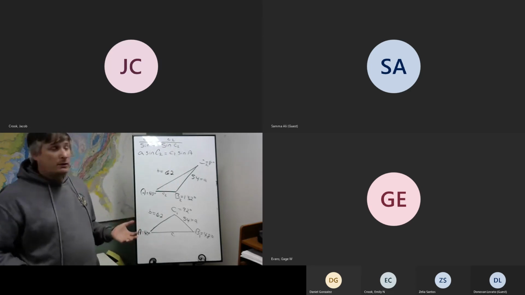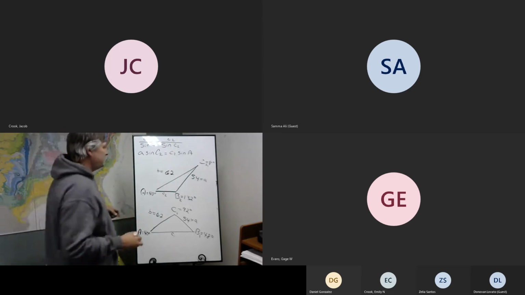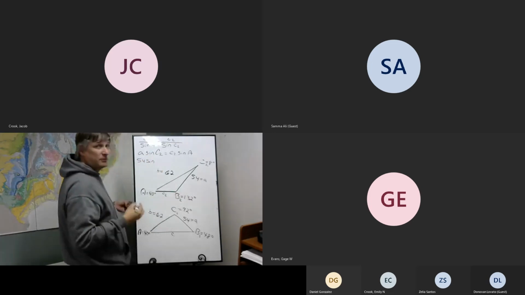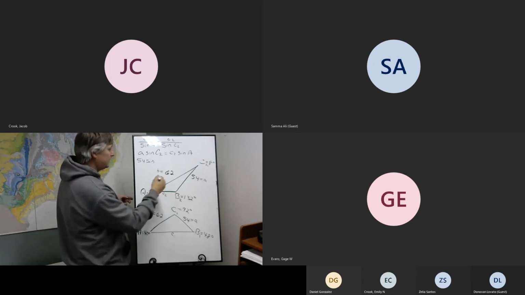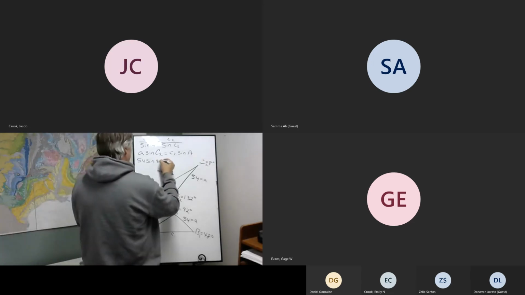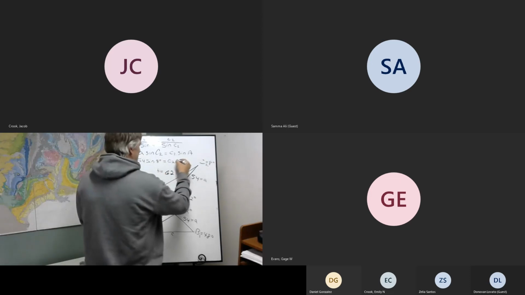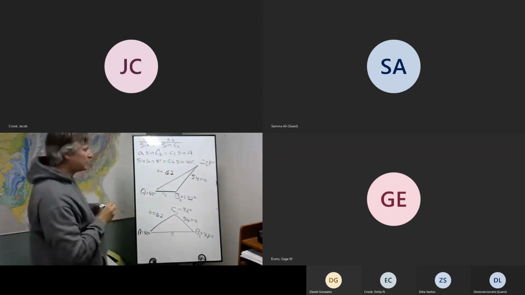So plugging in what we know. Well, A we know is 54. And then we found C2 for this top triangle to be 8 degrees. Then we don't know side C2. A is at 40 degrees.